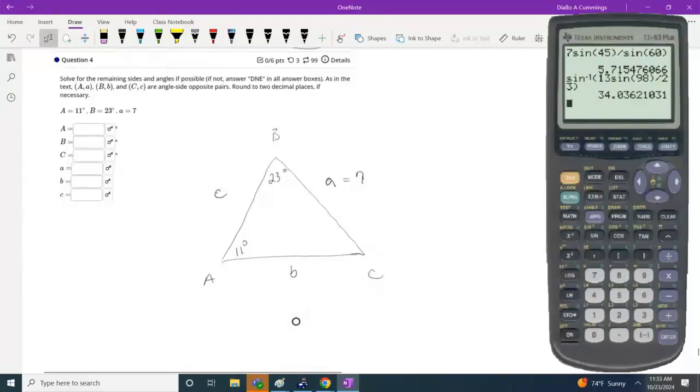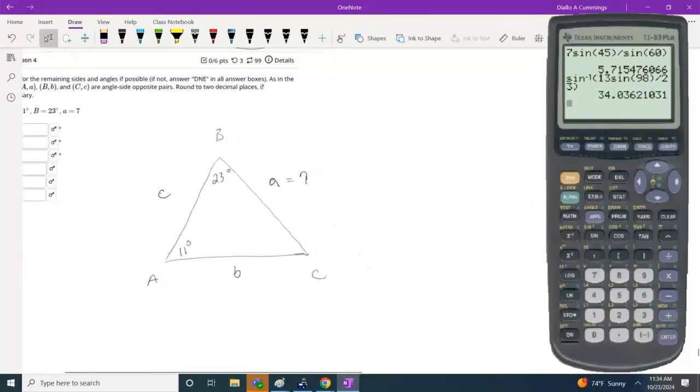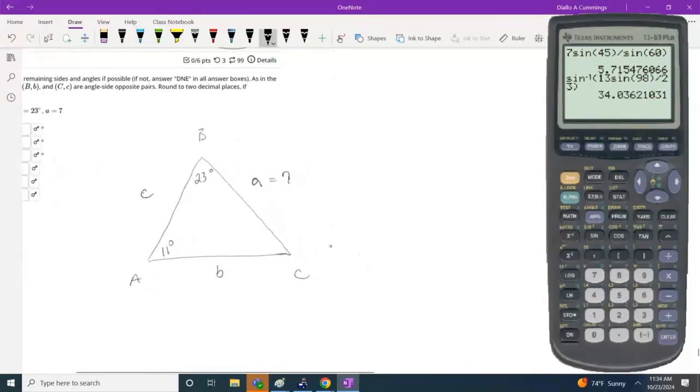All right, so the first thing I believe we're going to do is find angle C, because we know two angle measures. We can find the third angle measure by using that sum formula.